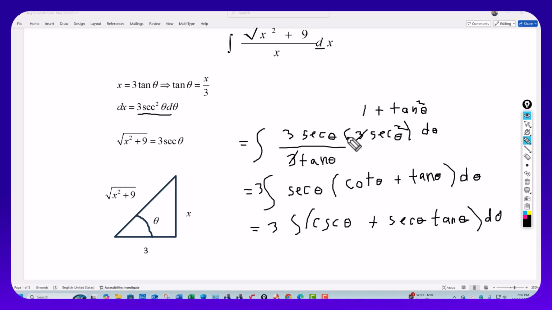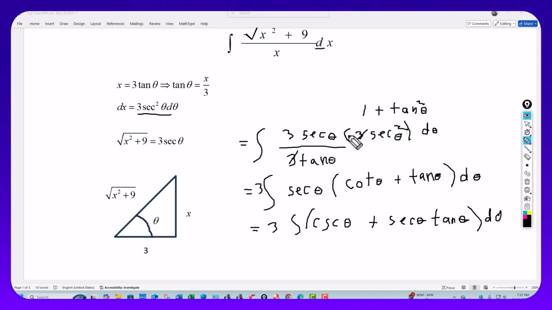So a quick review here. We made the substitution in the numerator, in the denominator, and for the dx it was 3 secant squared theta d theta. 3 and 3 canceled, left with 1, 3 took it outside the integral here, and then brought this down here, secant theta, and then I replaced the secant squared theta by 1 plus tangent squared theta.